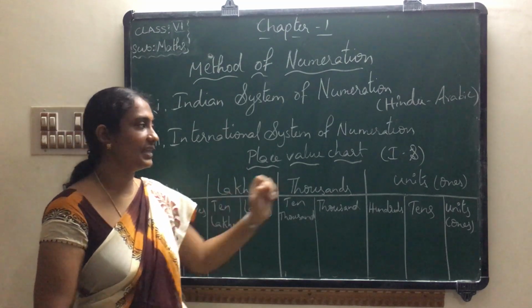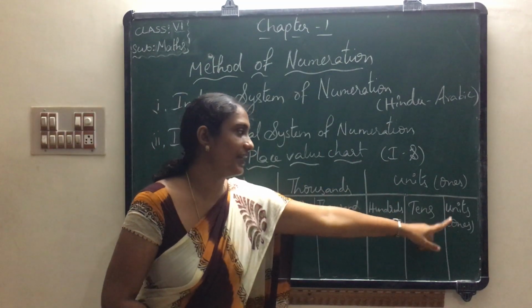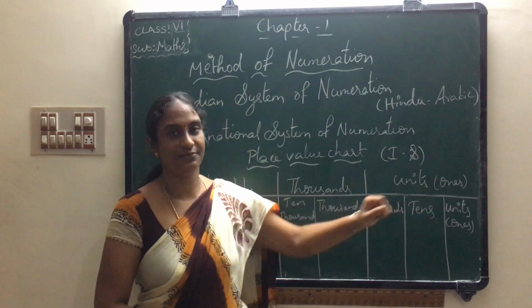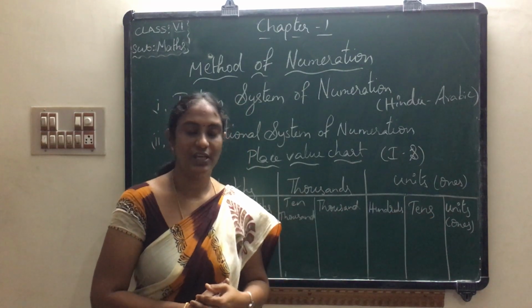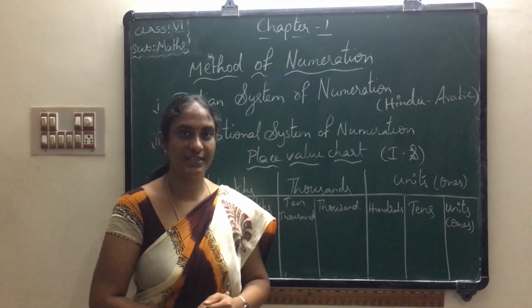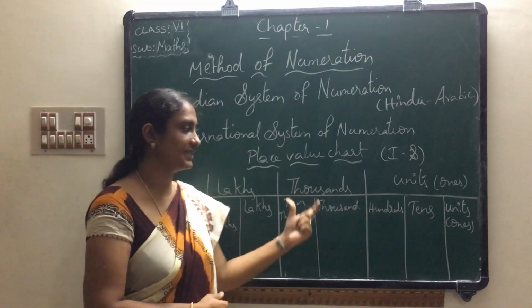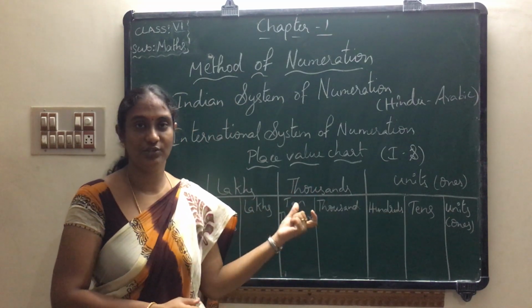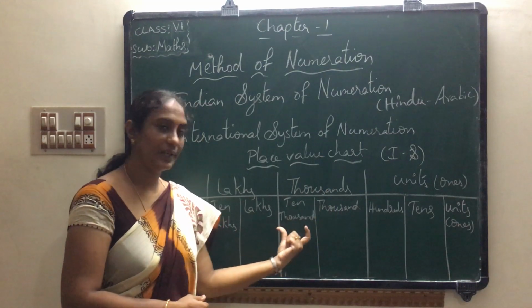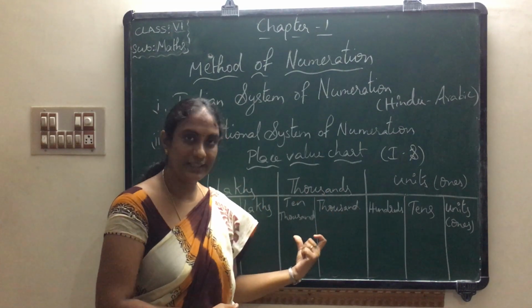Now let us see units. In the units period we are having 3: units, which are also known as ones. You can call them ones, tens, hundreds. Next, the second period, thousands: thousand and 10,000.